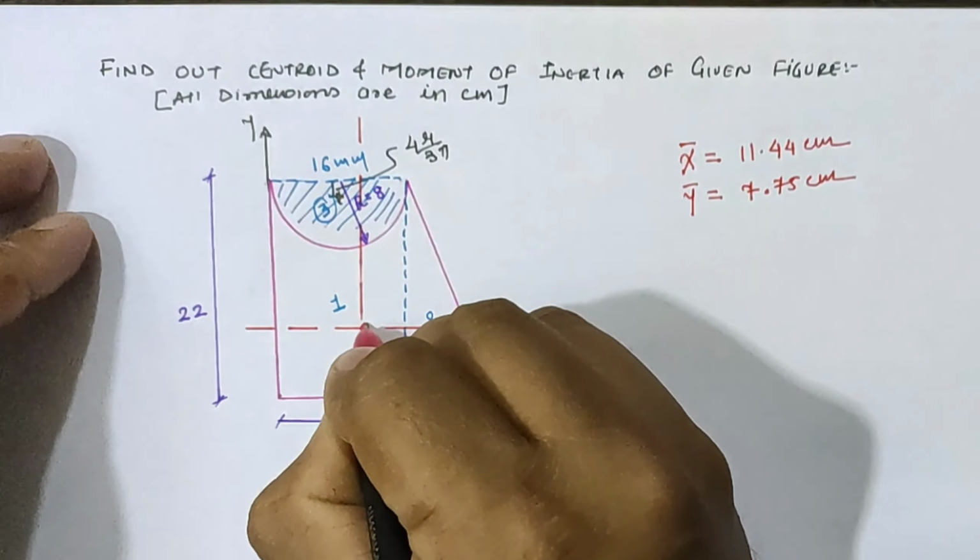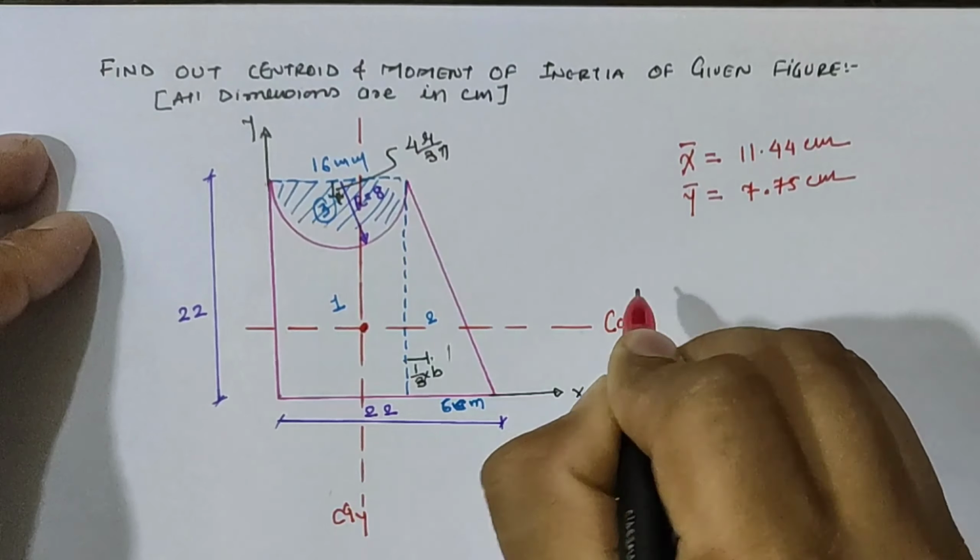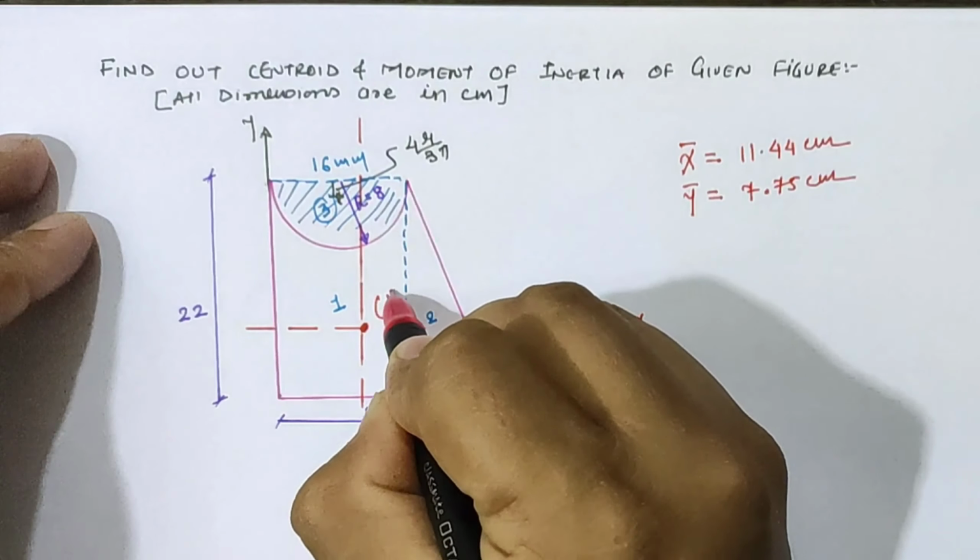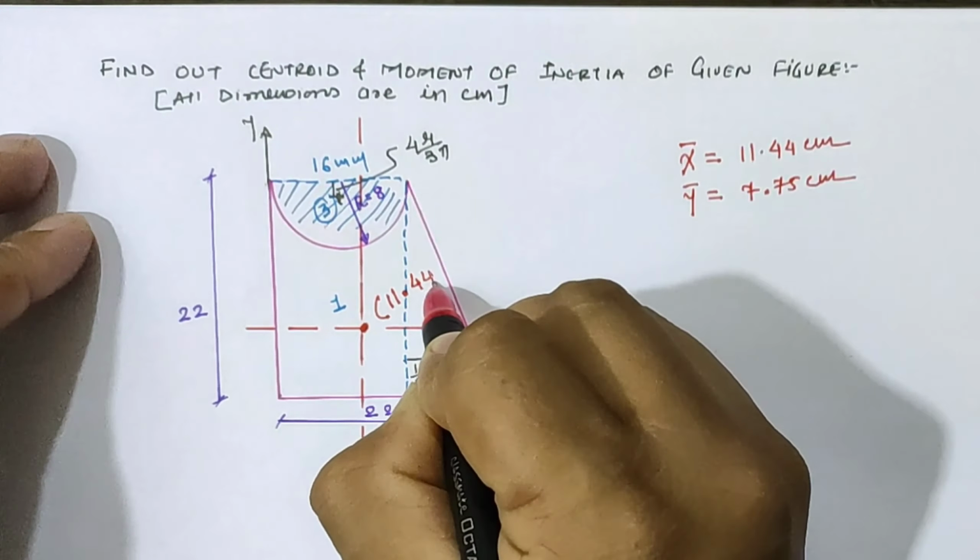Hence our CG distance is 11.44 centimeter as x bar and 7.75 centimeter as y bar. So this point indicates the CG of the given section. Now let us go for the moment of inertia of the given figure.